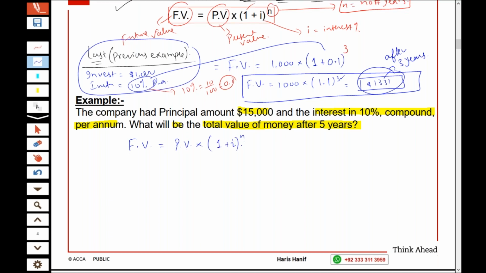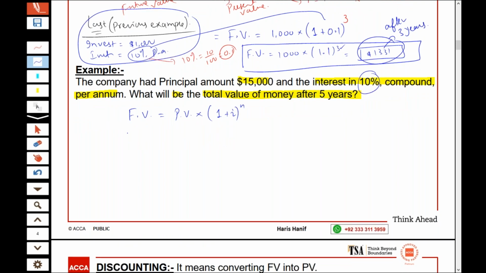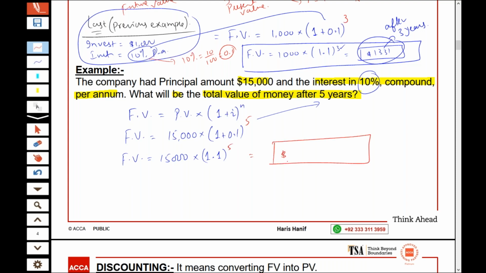This is my 10%. Future value is equal to present value, that is 15,000, multiplied by 1 plus 0.1 power 5, where 5 is 5 years. So future value is equal to $15,000 multiplied by 1.1 power 5.